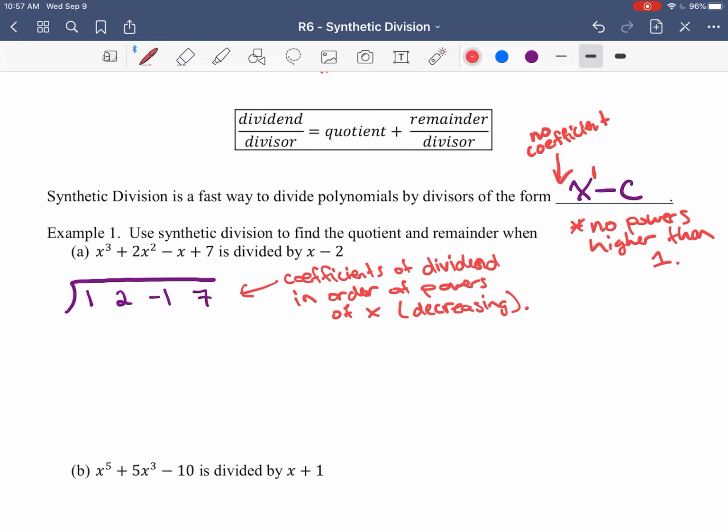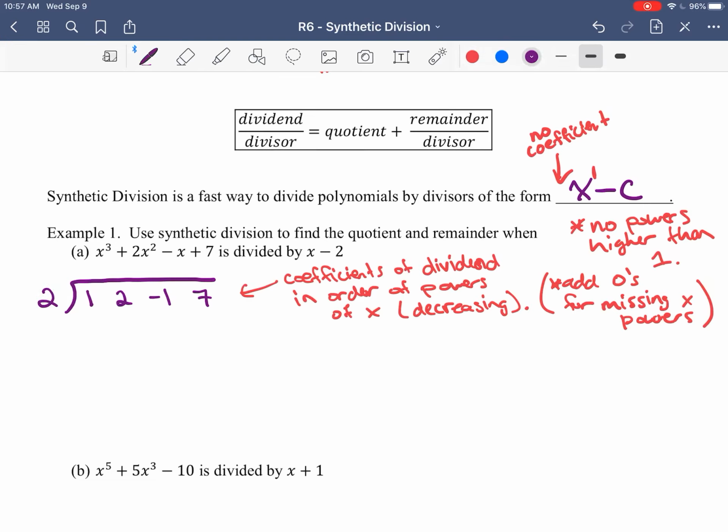Then you want to make sure that you add zeros for missing x's, because when they're missing, that means the coefficient is 0. Then we write c over here.